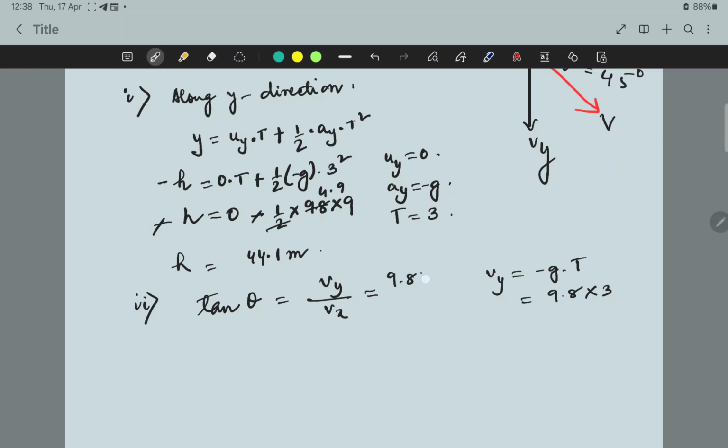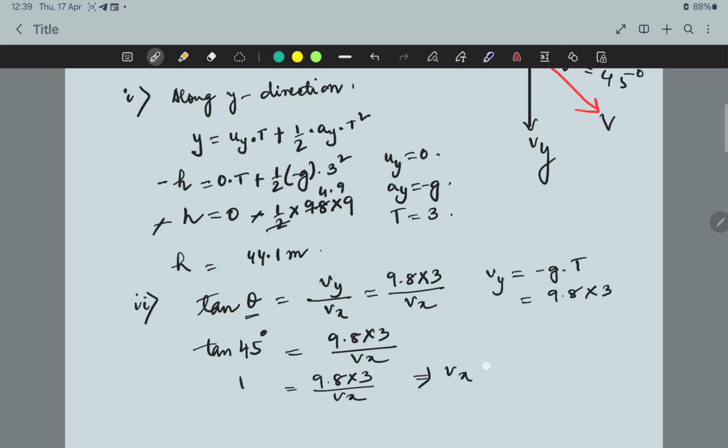So tan 45 equals 9.8 into 3 upon Vx. Tan 45 is 1. So 9.8 into 3 upon Vx, which implies Vx is equal to 9.8 multiplied by 3, that is 29.4 meter per second.